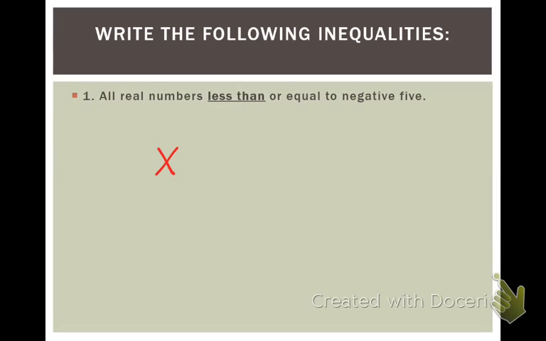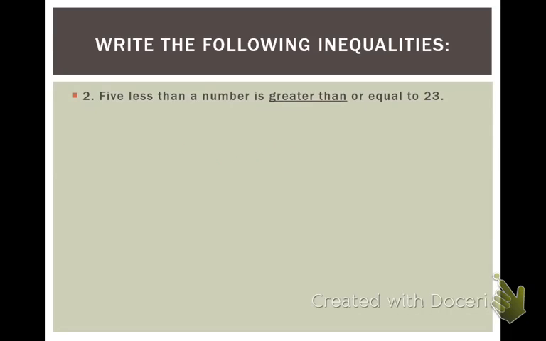Less than or equal to. Just your less than or equal to sign, right? And then -5. Piece of cake. No problem, right? Any major issues there? Try this guy.